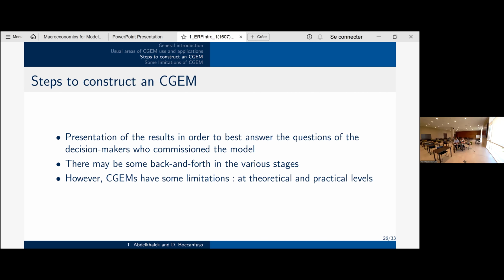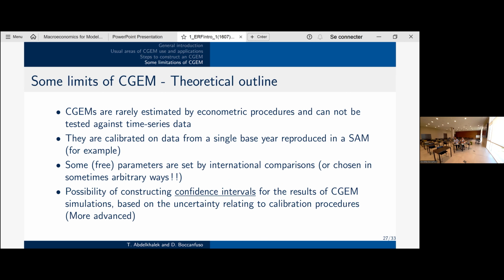Is there any other question? Okay, if there is no question now, we'll move to the limits of a CGE model. To be honest, when I am looking at the limits of some models, some of my students decide not to go into CGE modeling because there are many limitations in a CGE model.